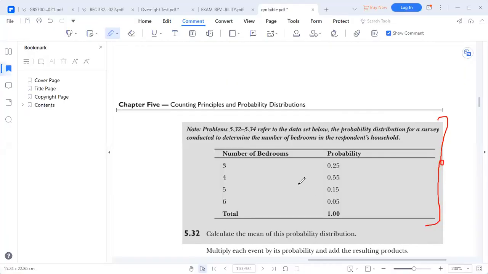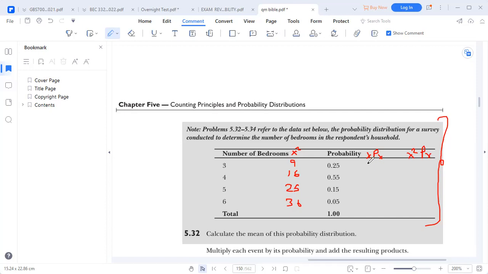What do we do? How do we calculate the mean? The values of x squared here, what do we have? 9, 16, 25, 36. And I'll define x squared p(x).